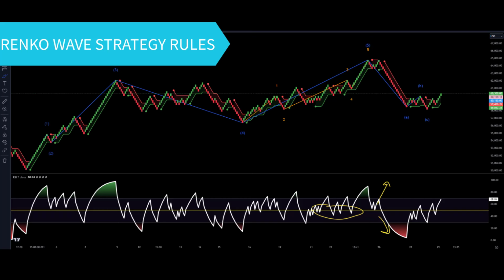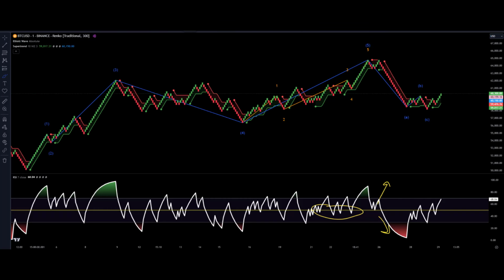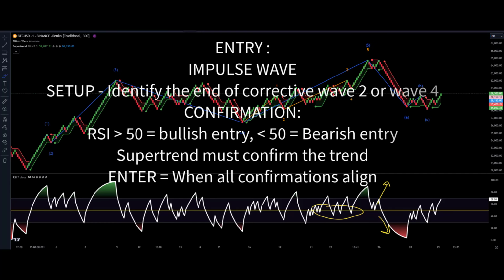We've initially got to decide what impulse wave number zone we are in, and we're looking to identify the end of corrective waves 2 or 4. Now, entry confirmation: we then jump down to the RSI and look for whether it's greater or less than 50.